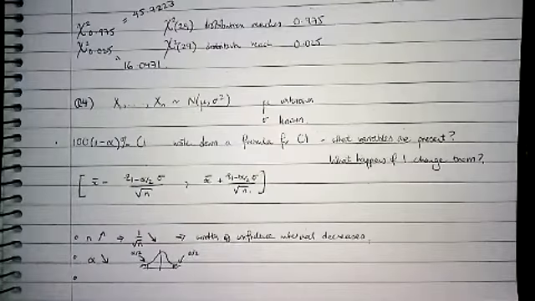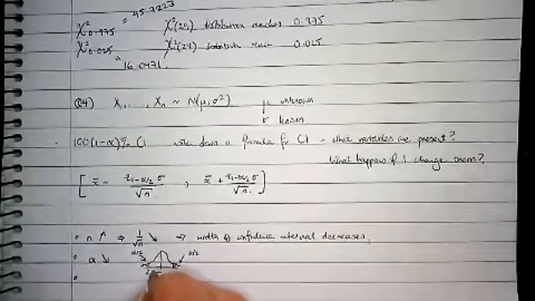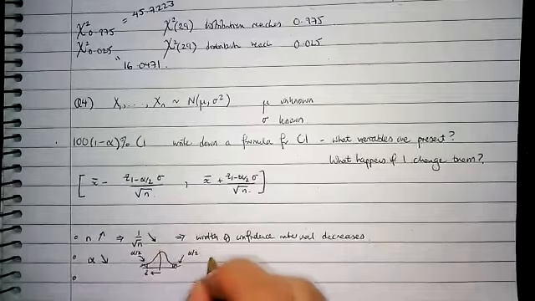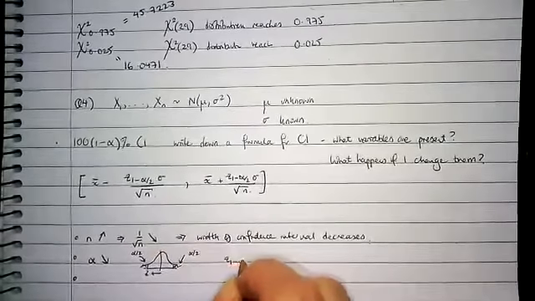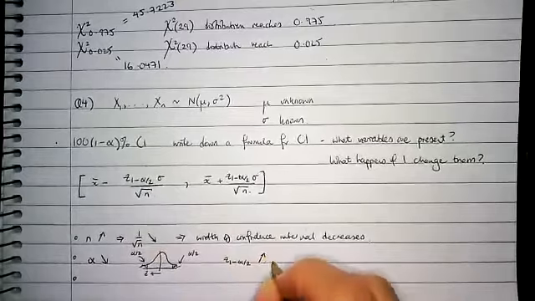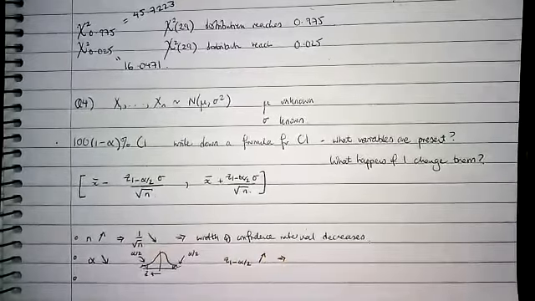If I make alpha smaller, then these values of z are going to be pushed outwards. They're going to get bigger, and the width of the confidence interval is going to get bigger.